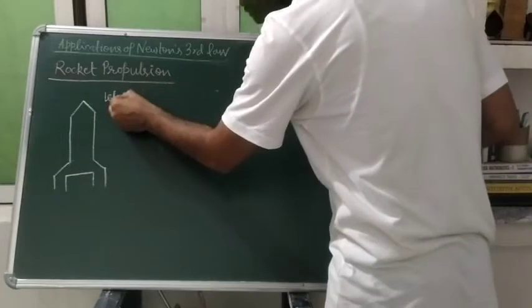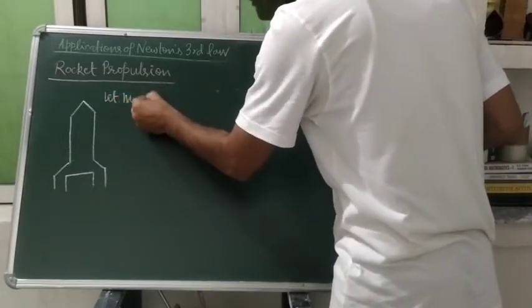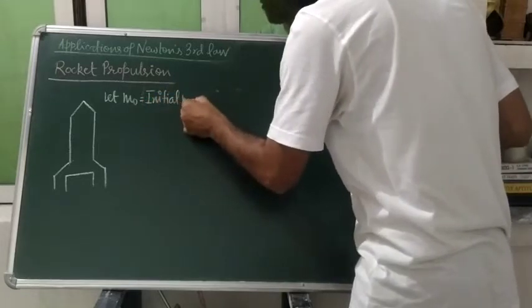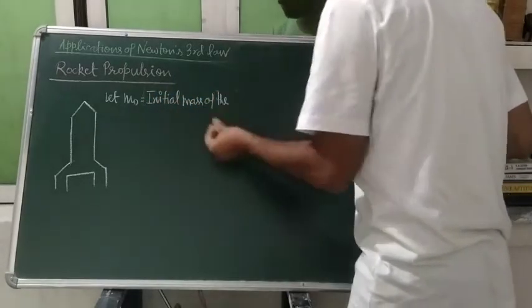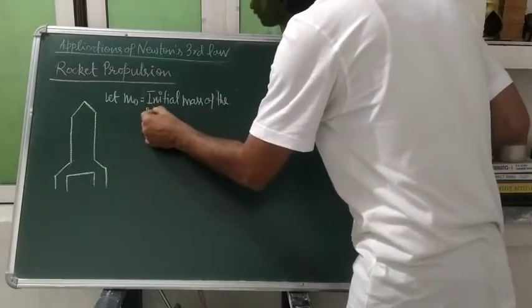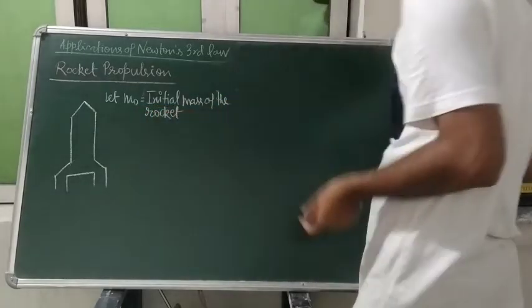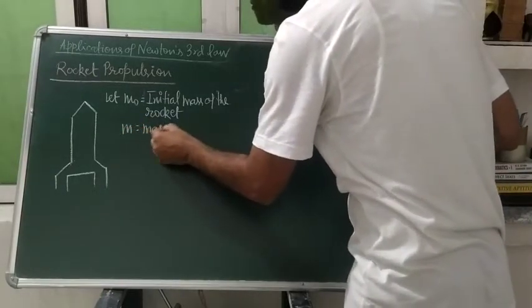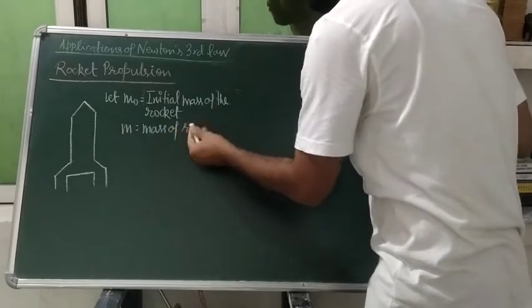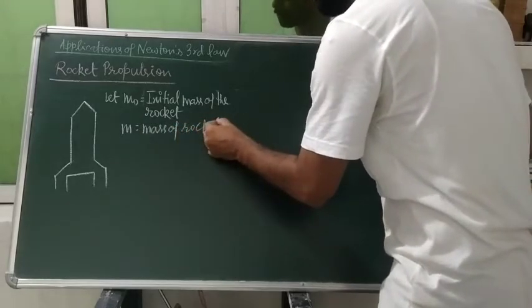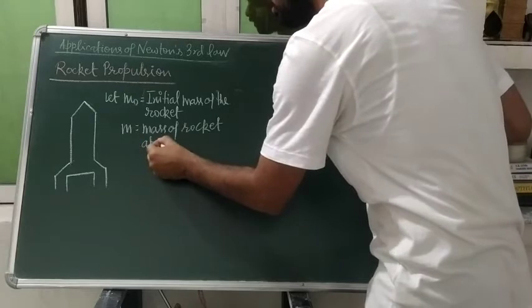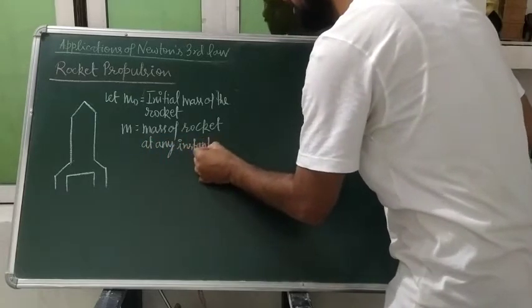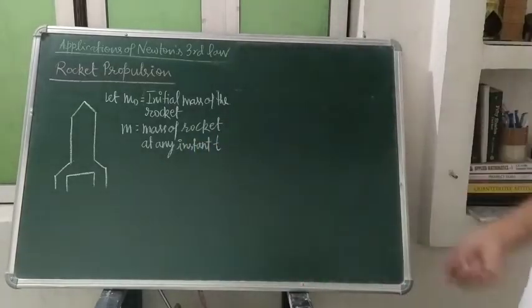So let M denote the initial mass of the rocket. Initial mass of the rocket. Small m we are saying is the mass of the rocket at any instant t, the instantaneous mass.